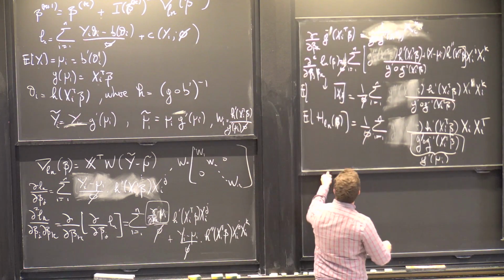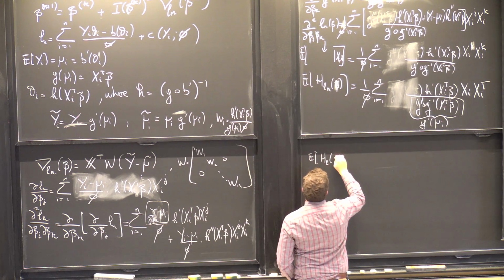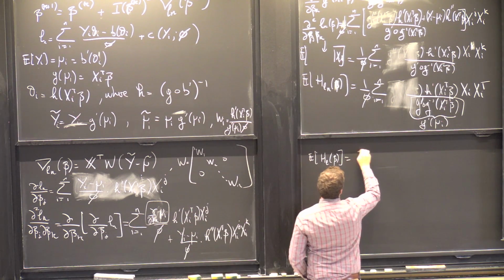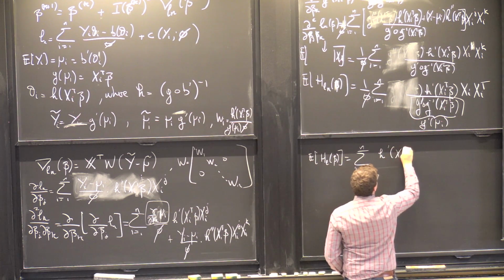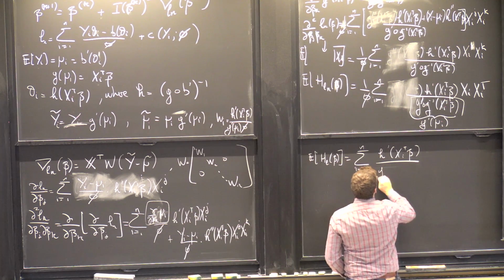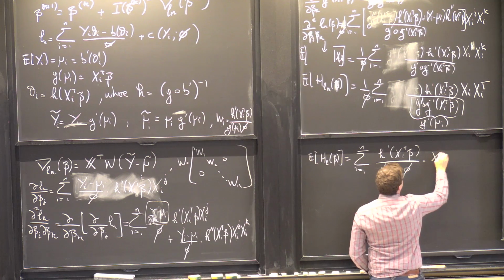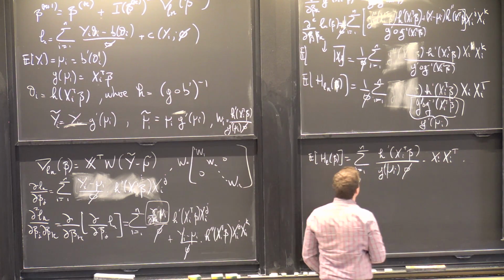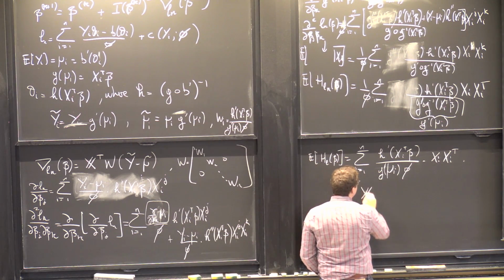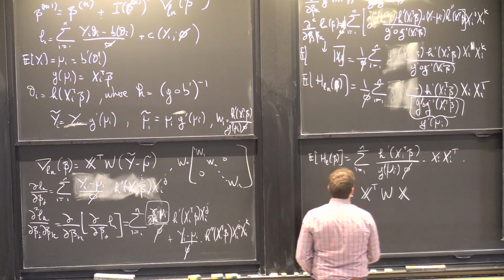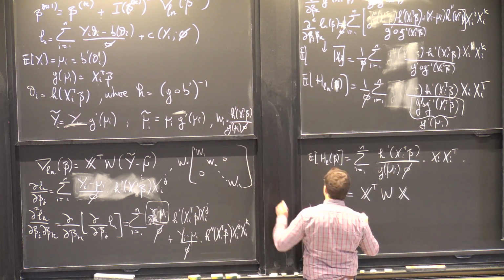So now I have something which looks like the sum from i equal 1 to n of h prime of x_i transpose beta divided by g prime of mu_i times phi, times x_i x_i transpose, which I can certainly write in matrix form as X transpose W X, where W is exactly the same as before.